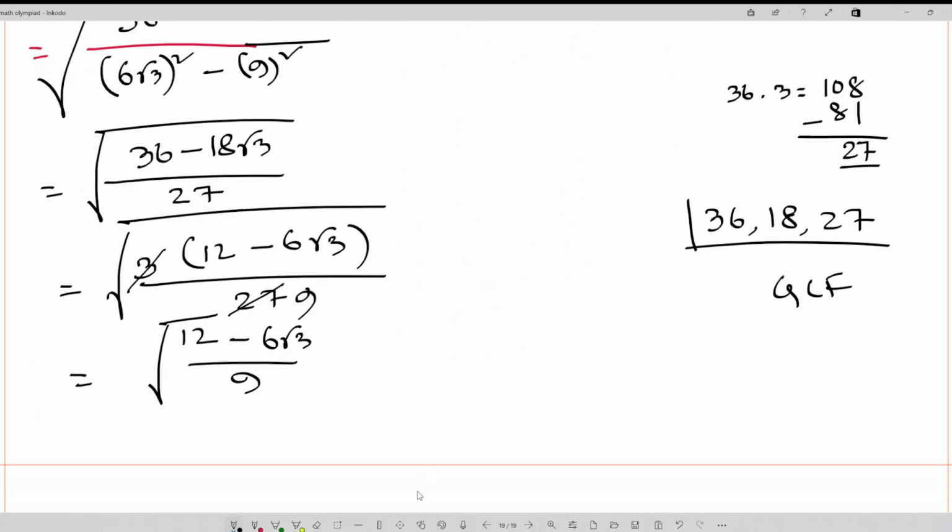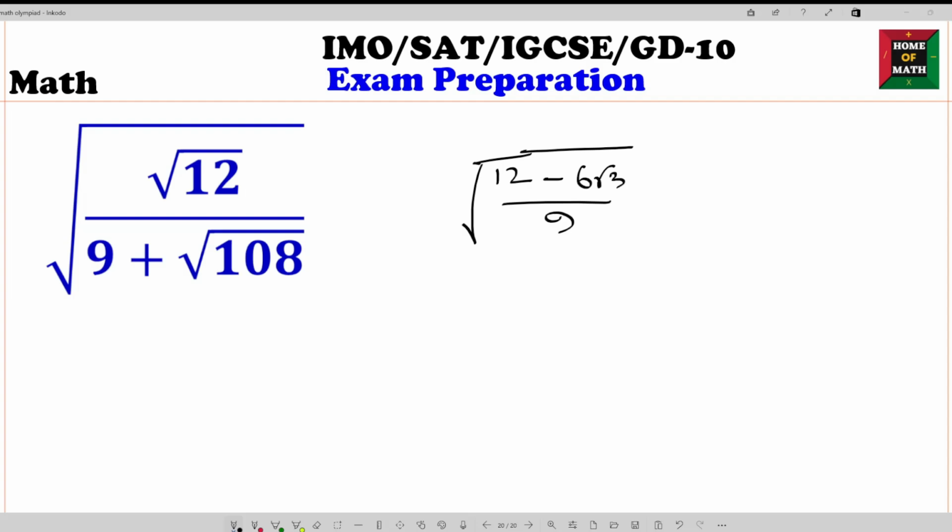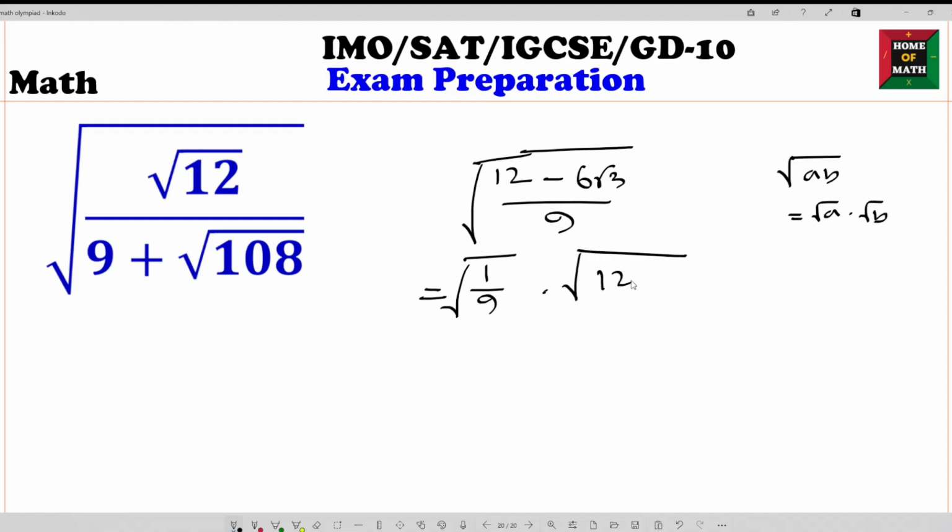So we can write, turn on our page, next page. So what can we do? Look, this one we can write, as we know, root AB means root A times root B. So similarly, 1 by root 9 times root of 12 minus 6 root 3.